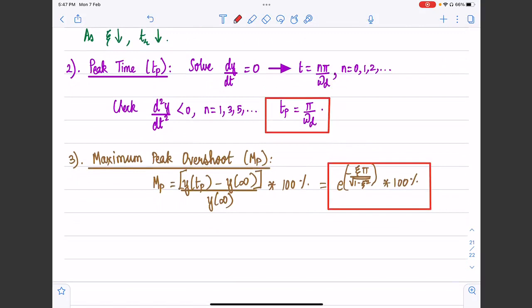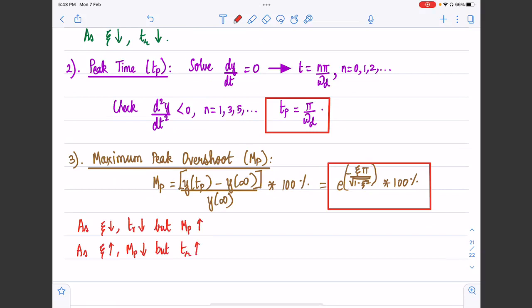So now we can figure things out, right? As we said, as zeta decreases, tp decreases, which is good. But from the above expression, Mp increases, so that is a problem. On the other hand, as we increase zeta, Mp decreases, but tp increases.